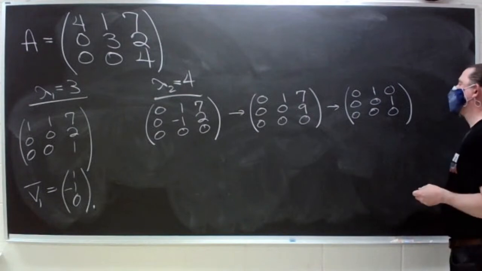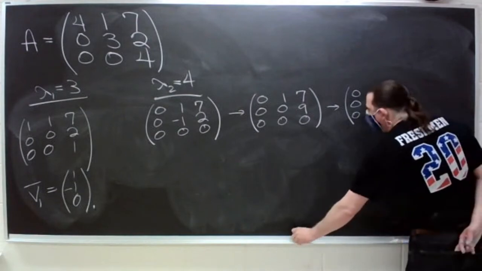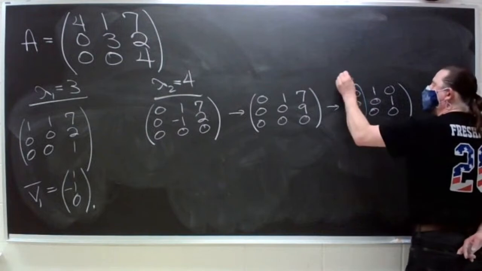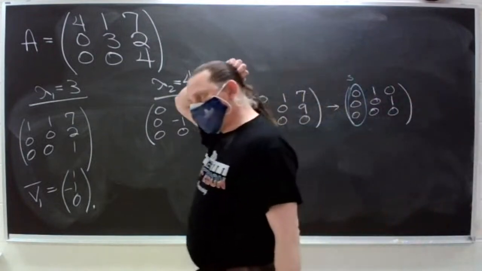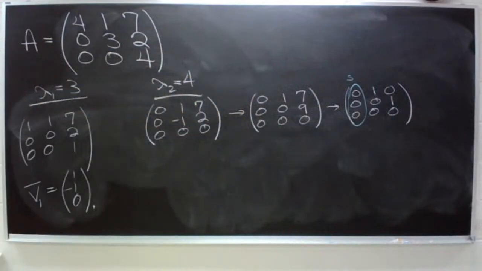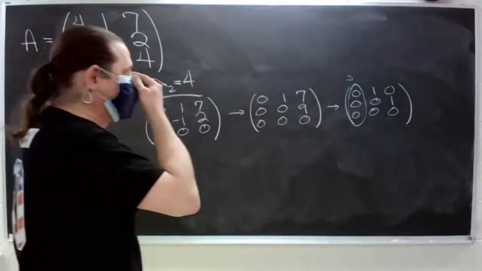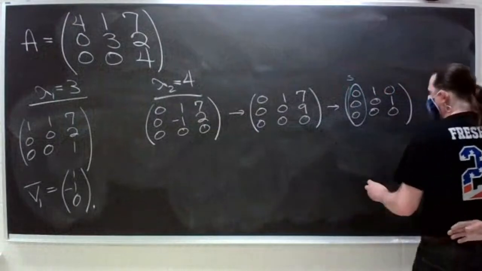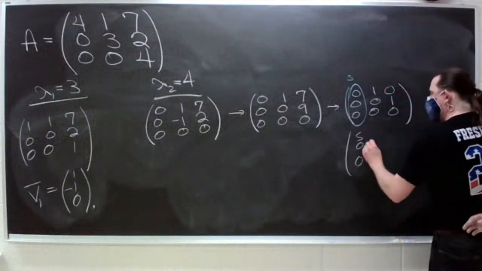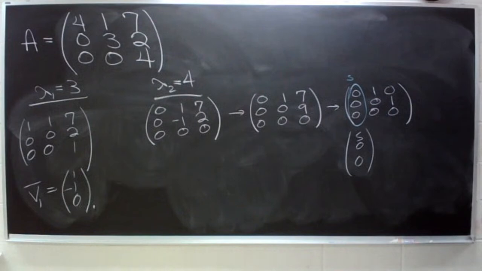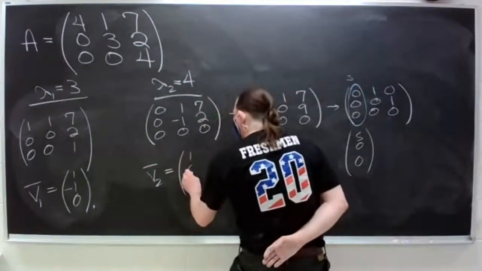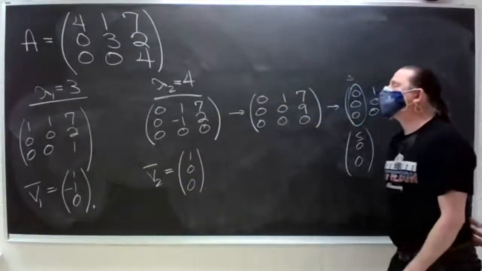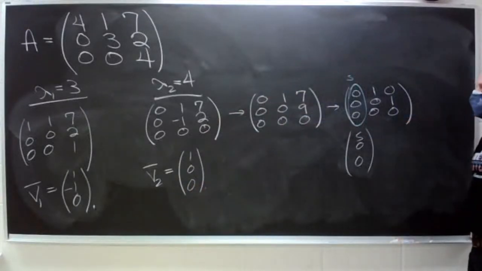And notice that I only have one column lacking a pivot. So my general element of the null space of this matrix would be S, 0, 0. So V2 would be 1, 0, 0.